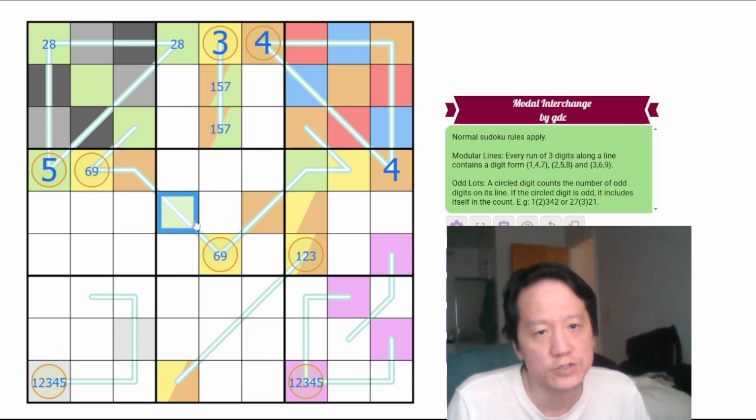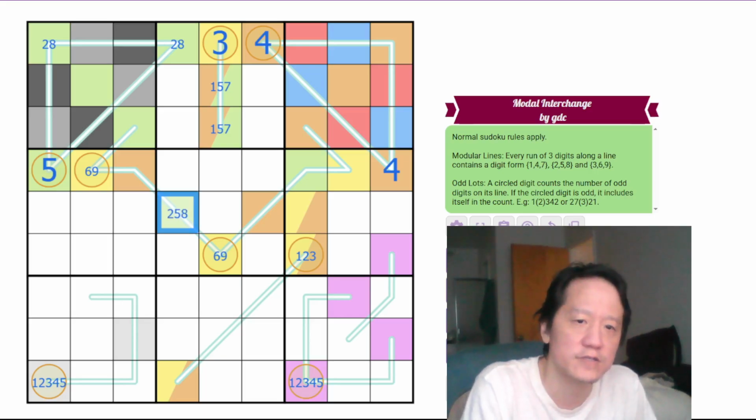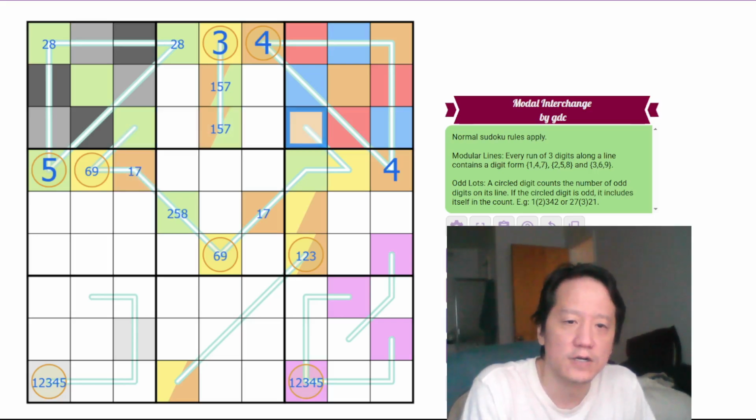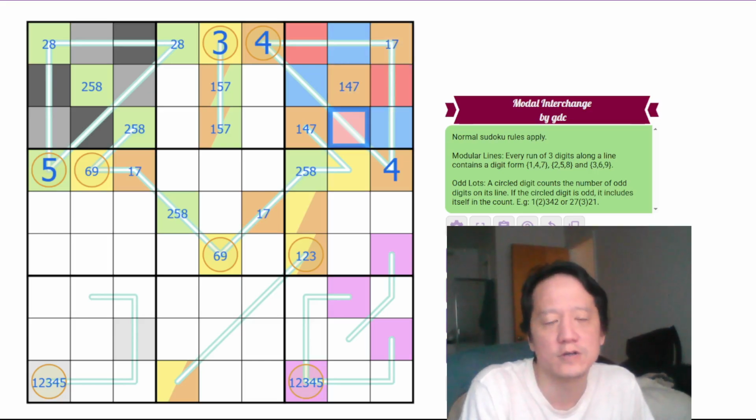We're not sure. This is 2, 4, 2, 5, or 8. This has to be 1 or 7. This is 1 or 7. This is 2, 5, and 8. And we have 2, 5, and 8 here. 2, 5, 8 here. This is 1, 4, 7. 1, 7. 1, 4, 7 here.